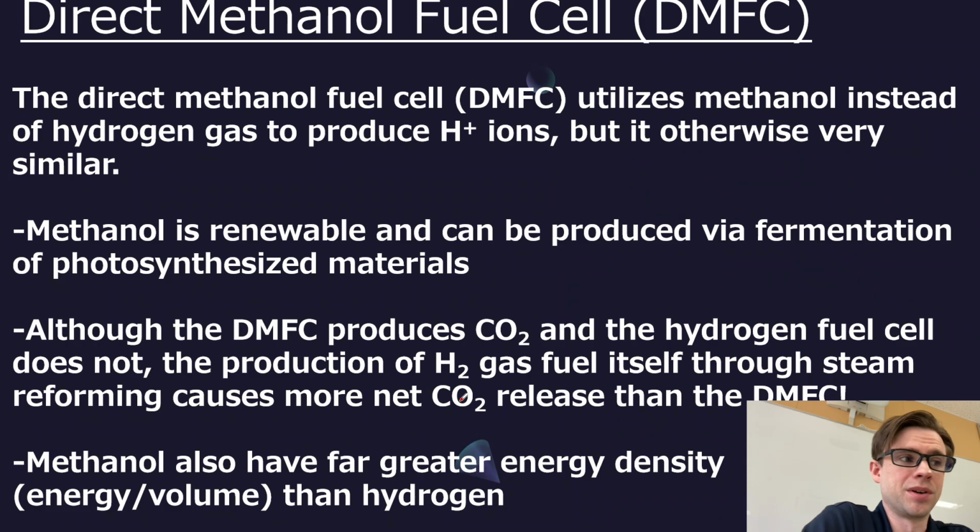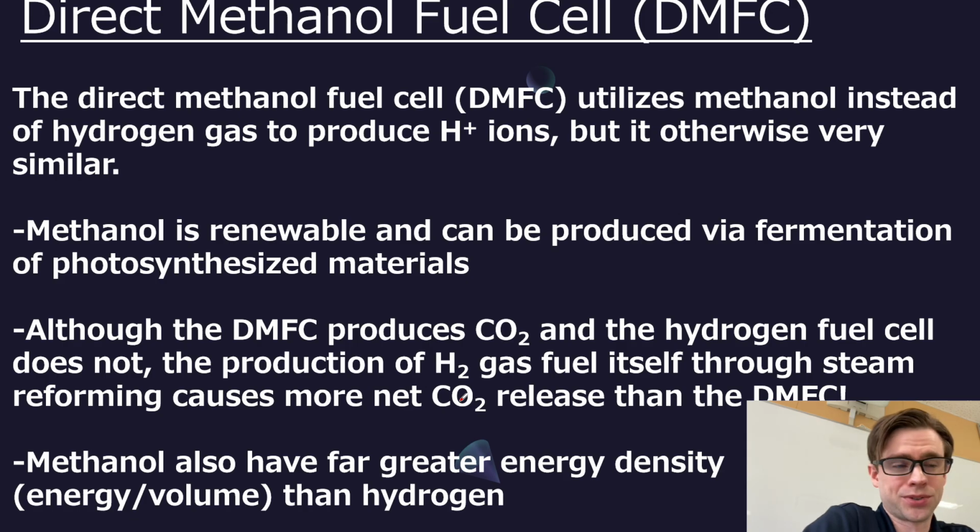Now, although the DMFC produces CO2 and the hydrogen fuel cell does not, the production of H2 gas fuel itself through steam reforming causes more net CO2 release than the DMFC. The DMFC will use methanol from photosynthesis, which was taken from CO2 in the atmosphere, whereas steam reforming will release CO2 that was locked underneath the earth in fossil fuels.